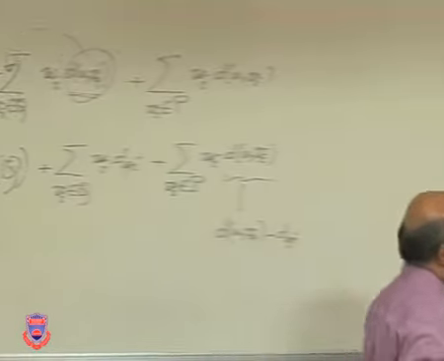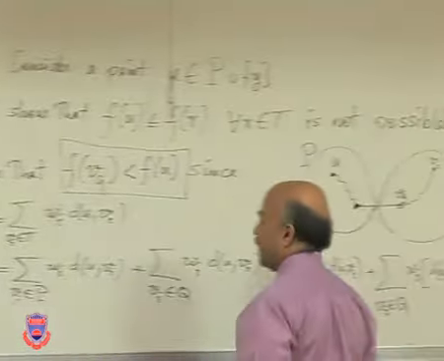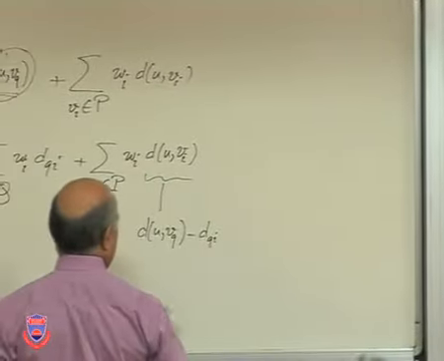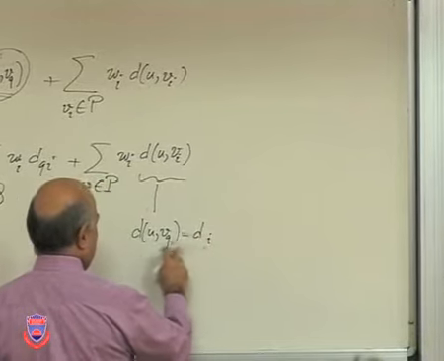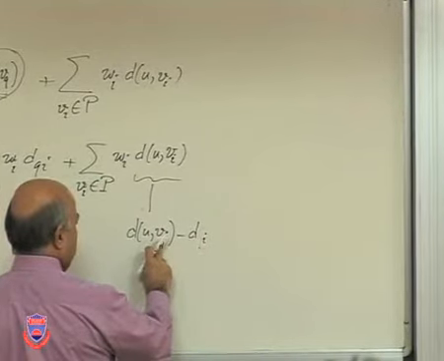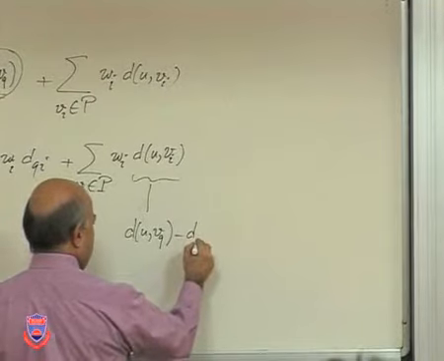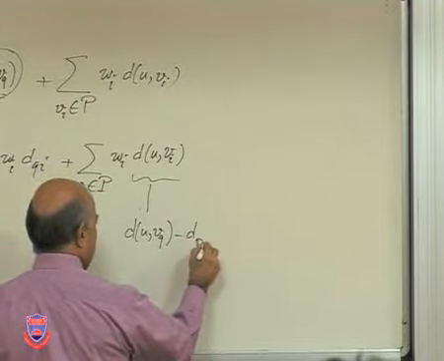Is that correct? No. du vq, or vq? du vq minus dqp, or qp.